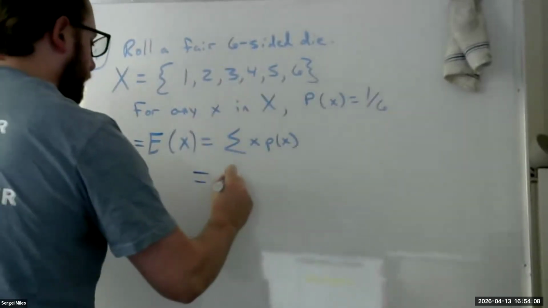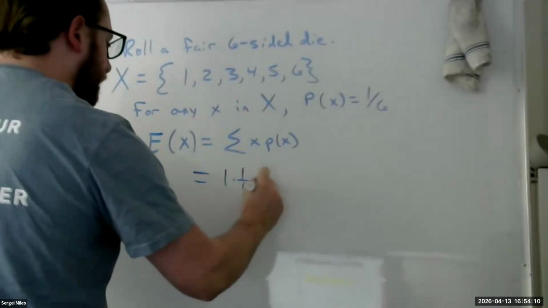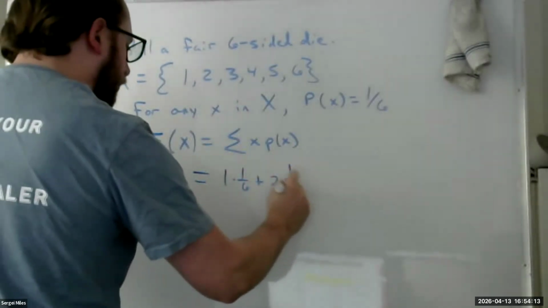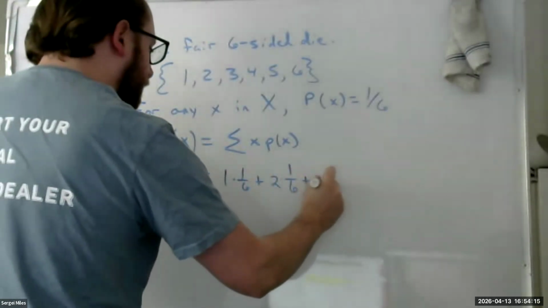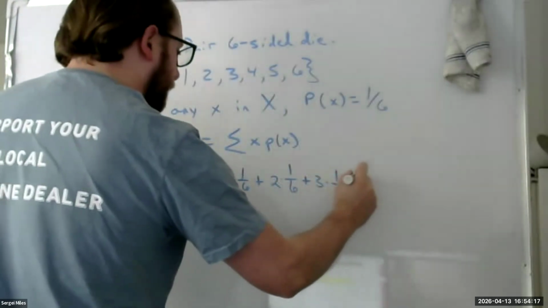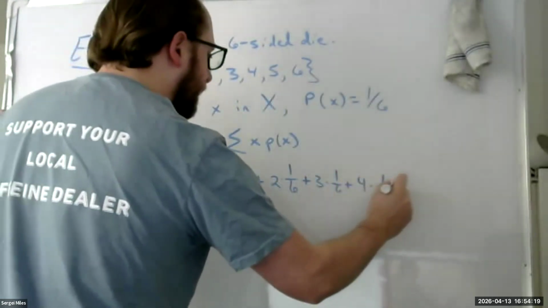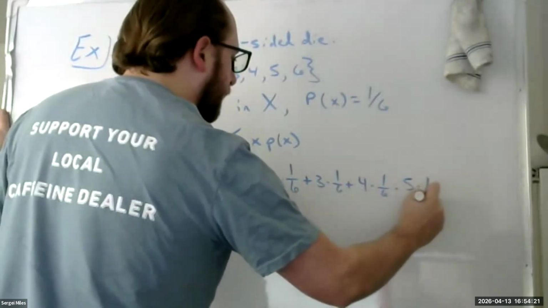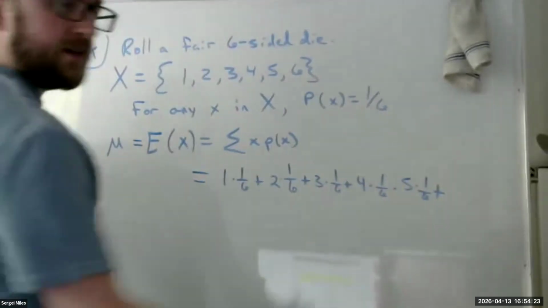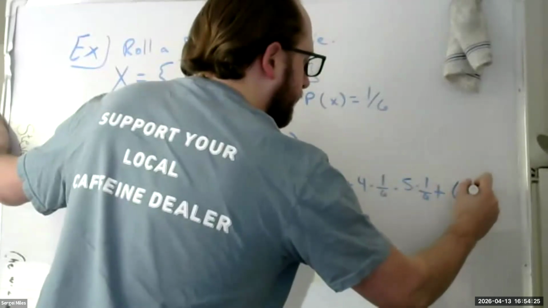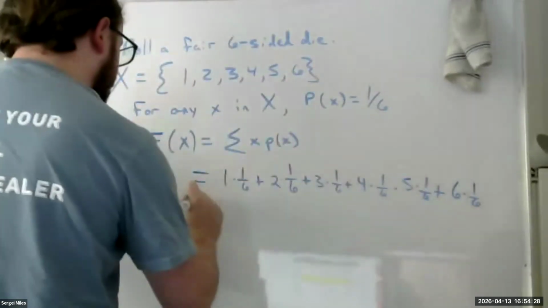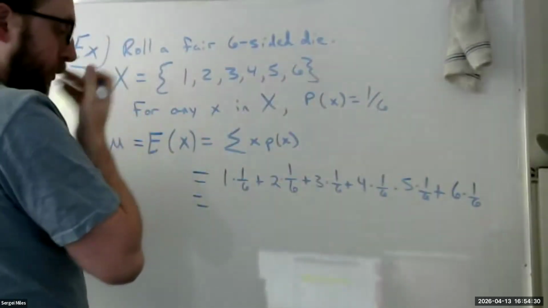I'll have 1 times 1 over 6 plus 2 times 1 over 6 plus 3 times 1 over 6 plus 4 times 1 over 6 plus 5 times 1 over 6 plus 6 times 1 over 6. Okay, well, then what do we get here?